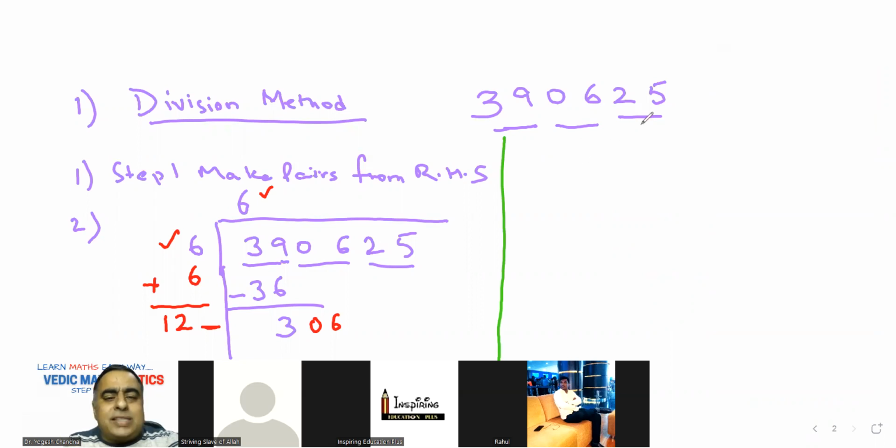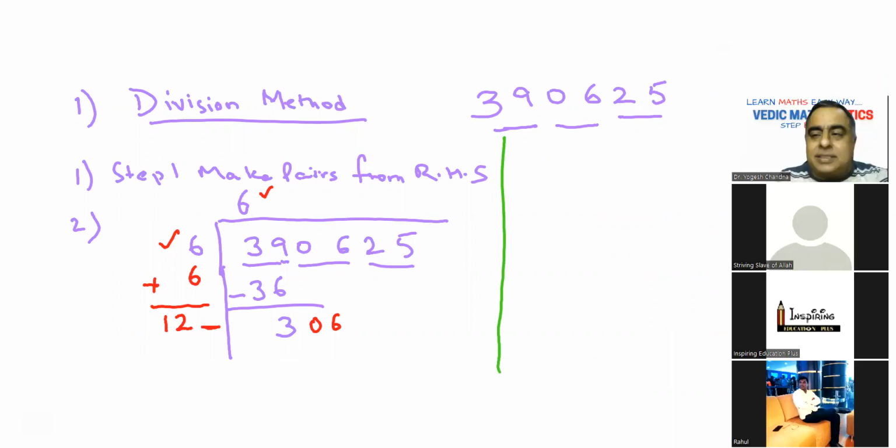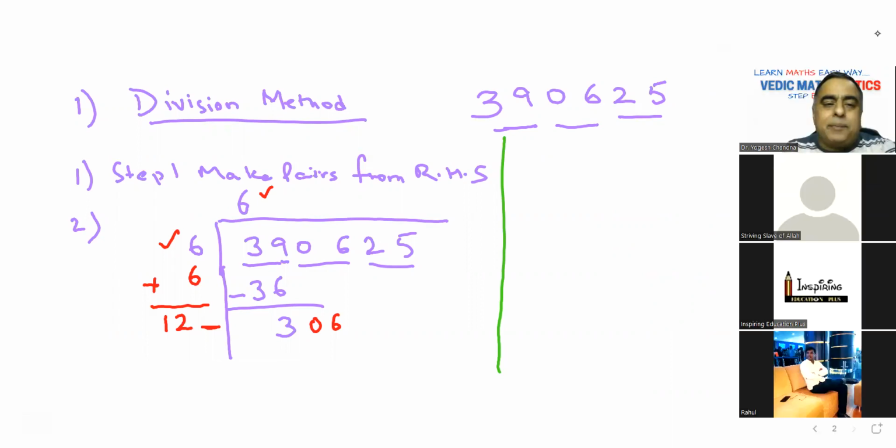Now we start making assumptions. This is the important thing. Now we have the number 306, and here it is 1, 2. Now what should be added here?